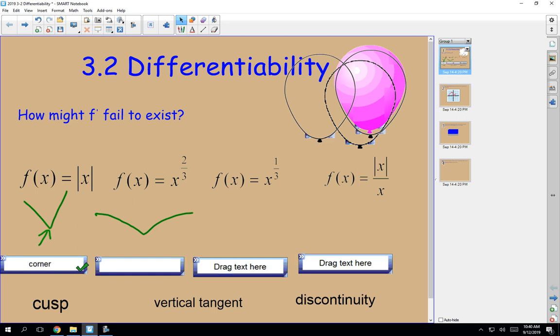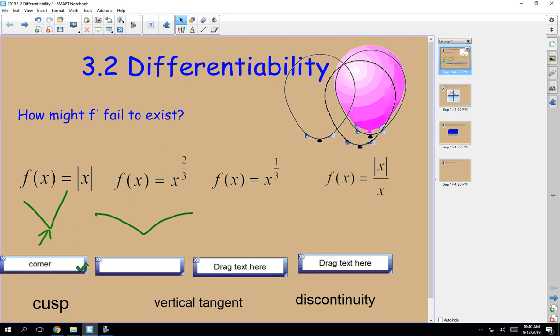Now, clearly, the slope from the left of this point, where the body of the bird is, is negative. You see that? The slopes of the tangent lines of the curve are negative, and to the right they're positive. So the derivative on the left and the derivative on the right of this special point doesn't match. Do you have a guess as to which one of these it might be?